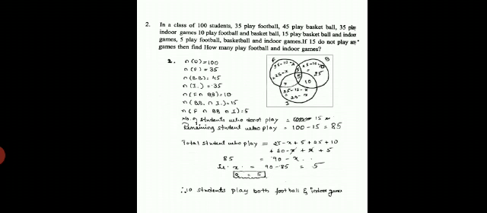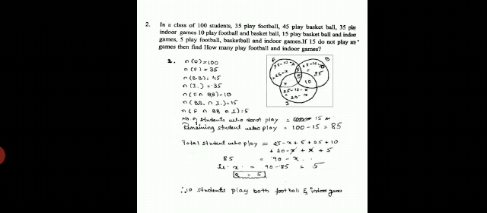The students who are playing football as well as basketball is denoted by the symbol n of f intersection b, which is equal to 10. The number of students who are playing basketball and indoor games is equal to 15, and the number of students who are playing basketball, football and indoor games is equal to 5.